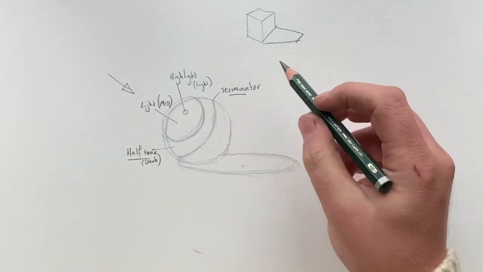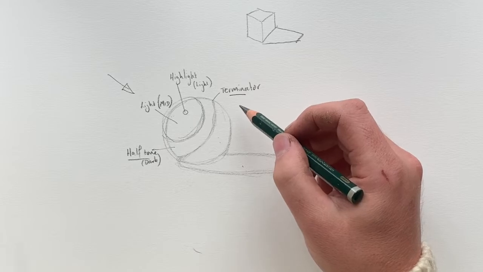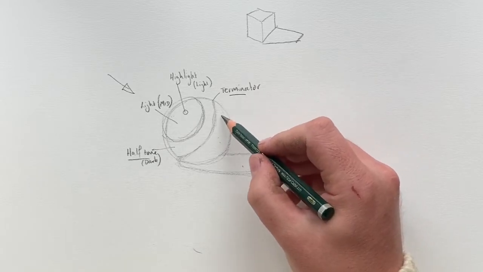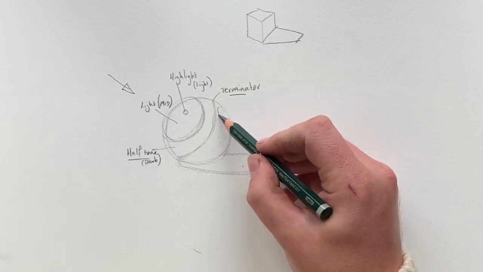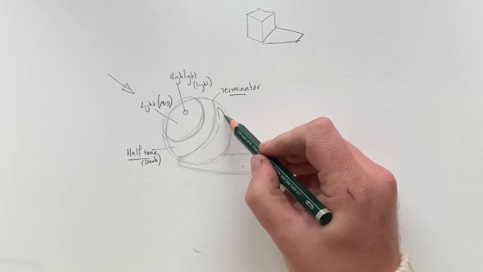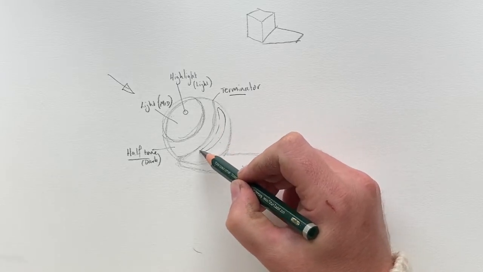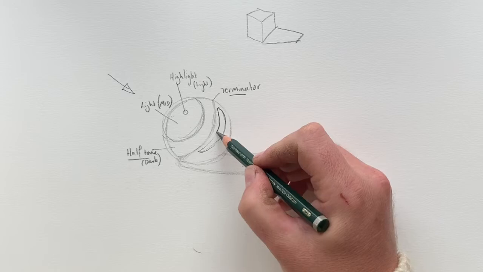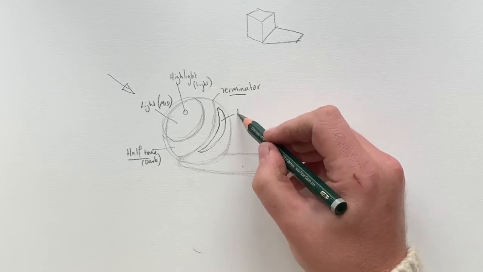Here in the dark side, we have three parts again. The darkest part will be an area just beyond the terminator, and that is called the hump.